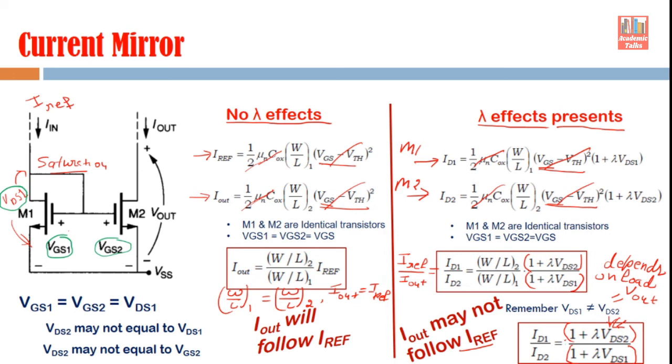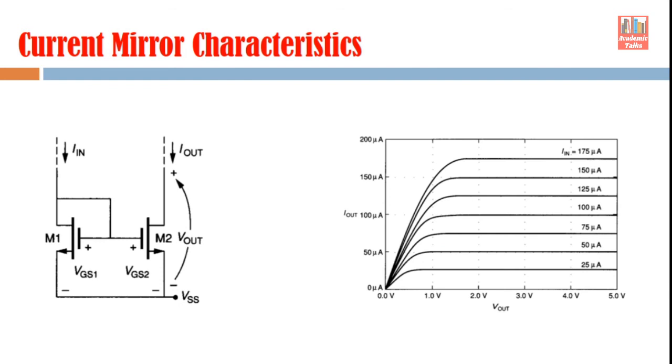Now if we look at the characteristics of the current mirror, they look like this. On the x-axis is the output voltage, which is actually the drain source voltage of your second device, and here is the output current, which is actually your ID2.